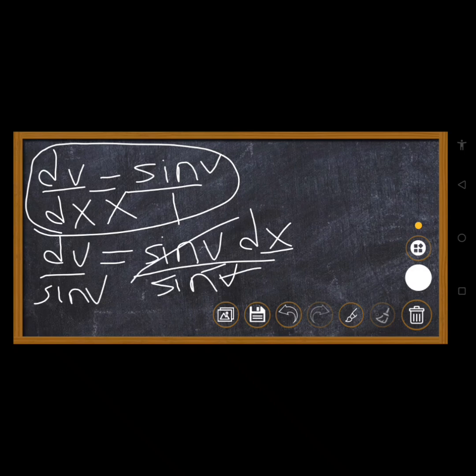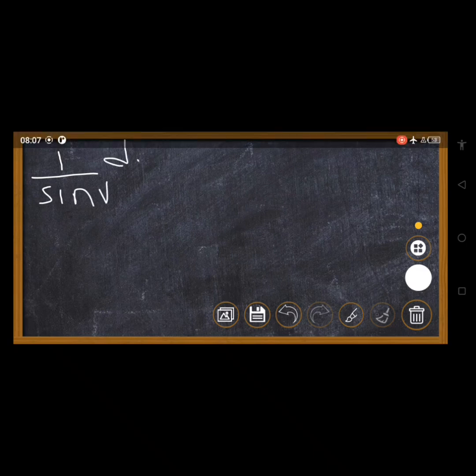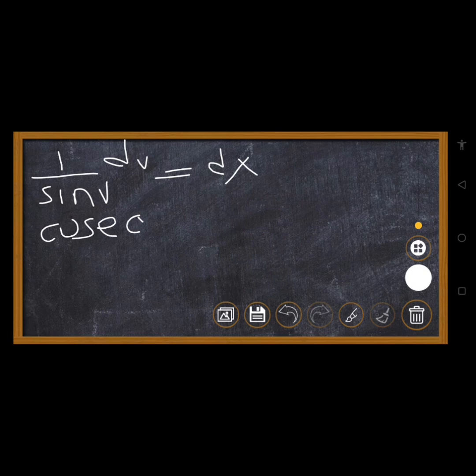So we get rid of this. Here we are going to have 1 divided by sine v dv equals to dx. We know by trigonometric rules that 1 over sine is cosec. So in this case we have cosec v dv. It's just the way of simplifying this so that we can integrate easily. But if you want, you can even integrate from here. It does not matter.